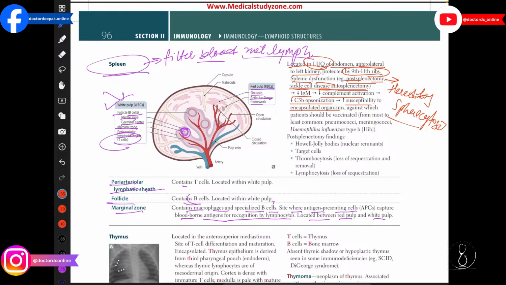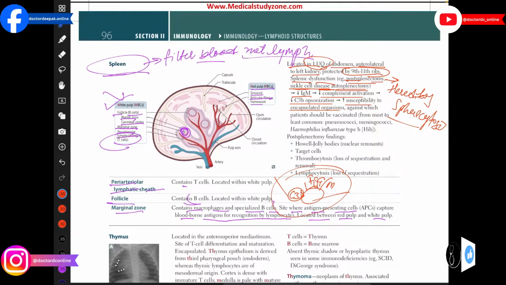I already told you how encapsulated organisms are opsonized. First, there will be attachment of immunoglobulins, IgG or IgM, then complement C3b, and then the macrophage goes to phagocytose that encapsulated organism.